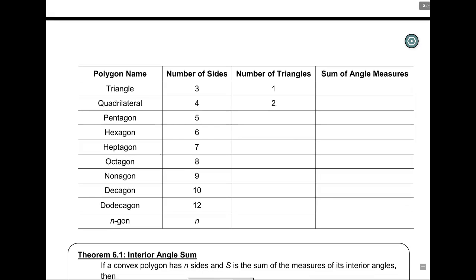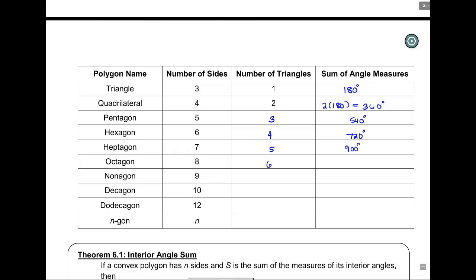So we already said here, this is 180. Quadrilateral, we said 2 times 180, which was 360. Here, we had 3 triangles, so that added up to 540. 4 triangles in a hexagon added up to 720. A heptagon has 7 sides, so this has 5 triangles, so 5 times 180 is 900.